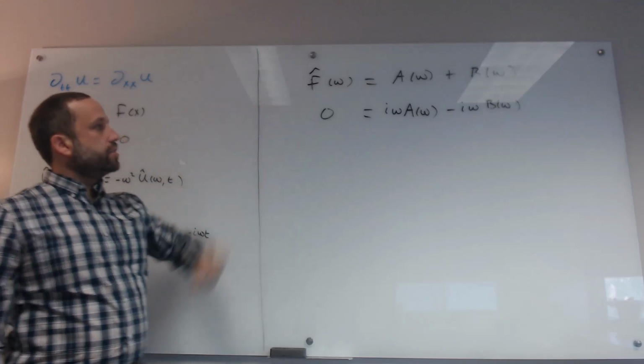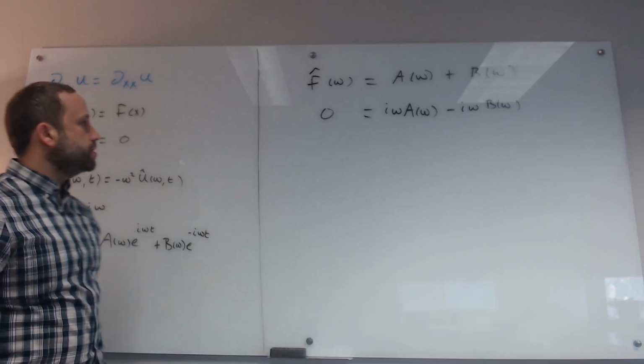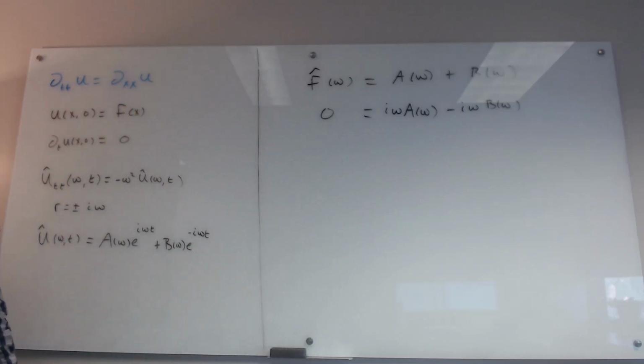Okay, so what does this tell us? This equation here tells us A is equal to B. This equation tells us A plus B is equal to f hat. Therefore, A and B are both f hat of omega over 2.